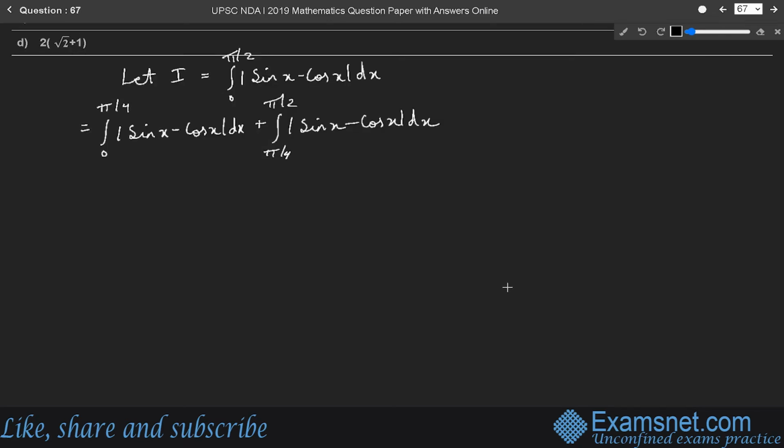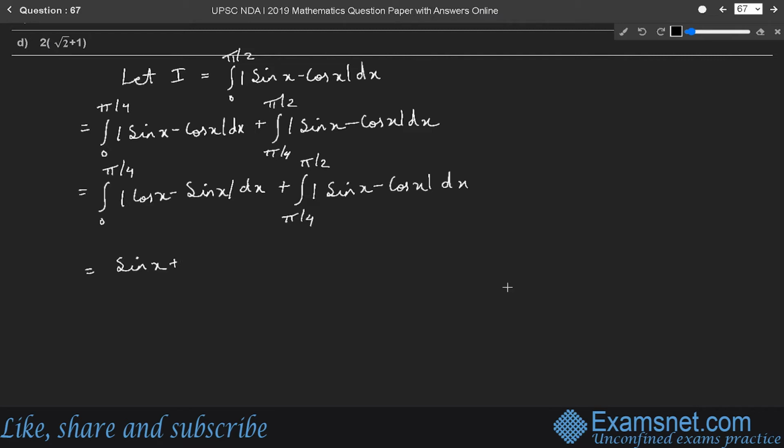On further solving, it will be equal to integration of 0 to pi by 4 cos x minus sin x dx plus integration of pi by 4 to pi by 2 sin x minus cos x dx, which will be equal to sin x plus cos x from 0 to pi by 4 plus minus cos x minus sin x from pi by 4 to pi by 2.